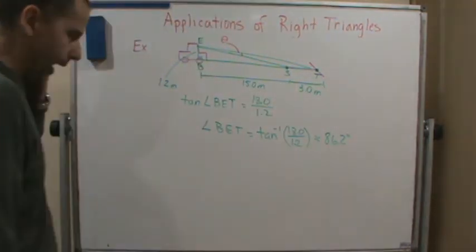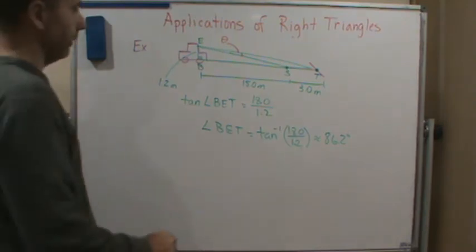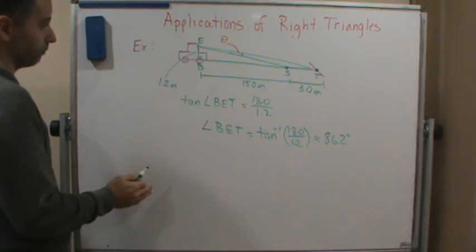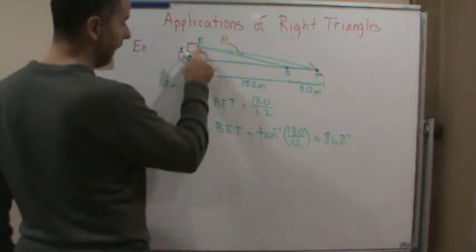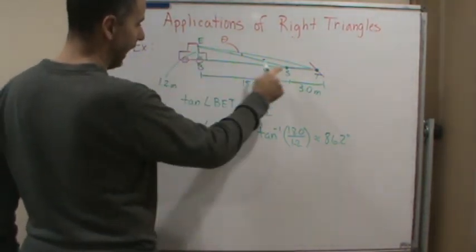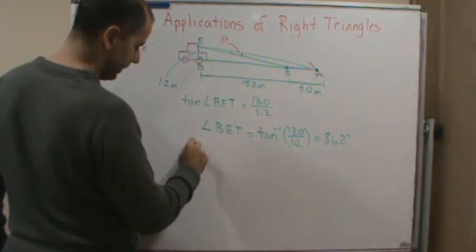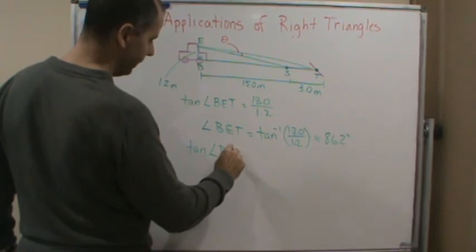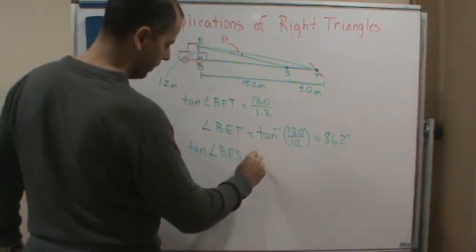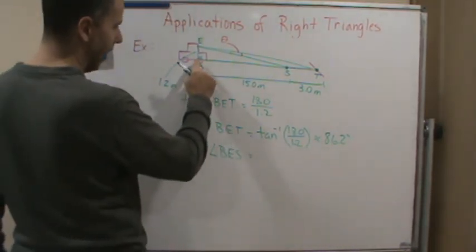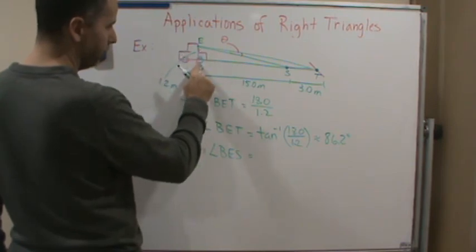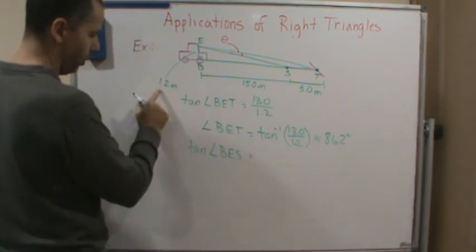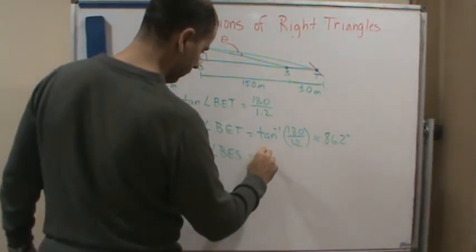Now what I can do is find angle BES. The tangent of angle BES is the opposite over adjacent, which is 15 over 1.2.